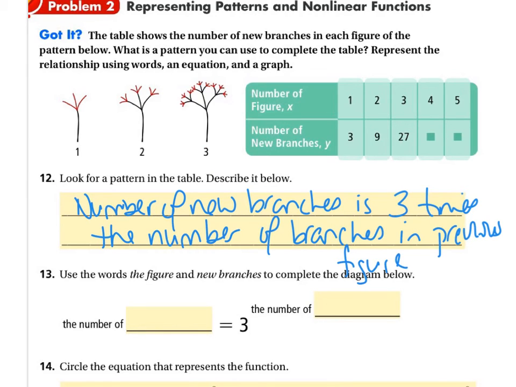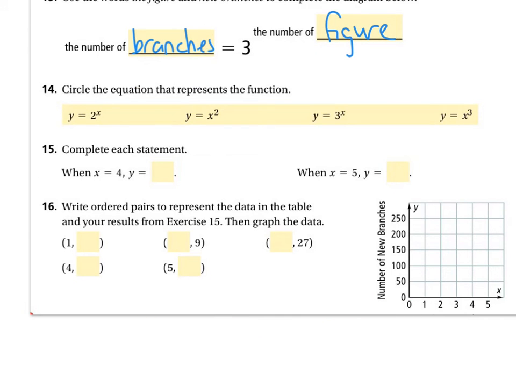So as we work through this, it comes down to the number of new branches equals 3 raised to the power of the figure. So the equation that represents this function is y equals 3 raised to the x power.